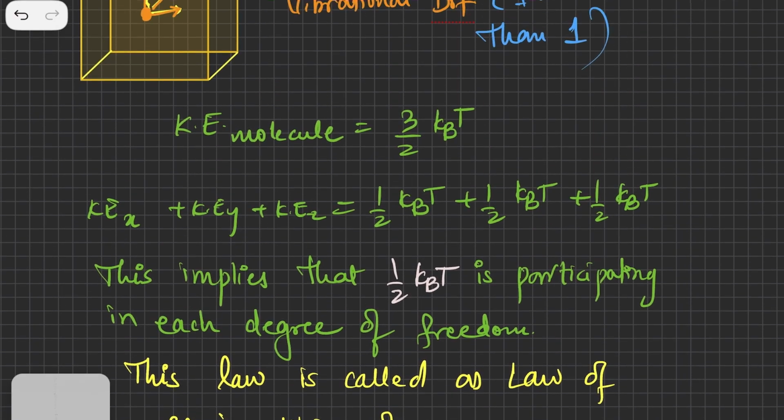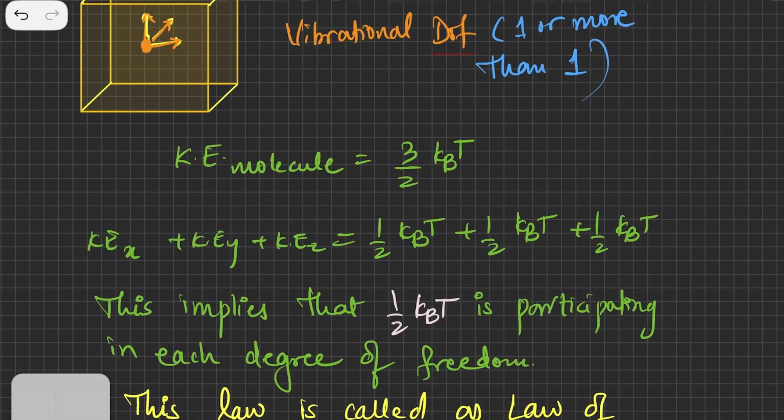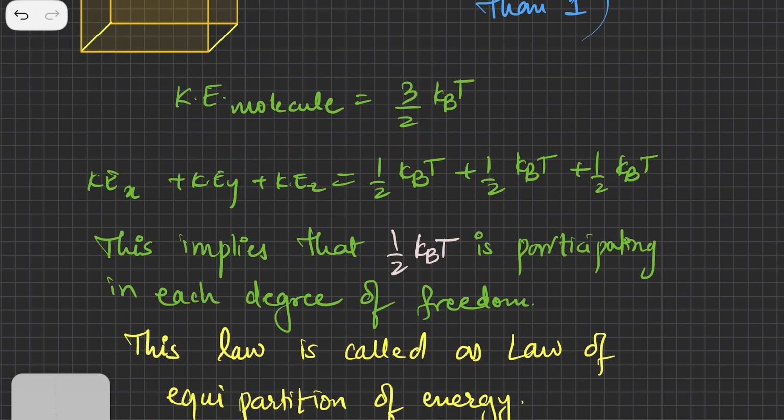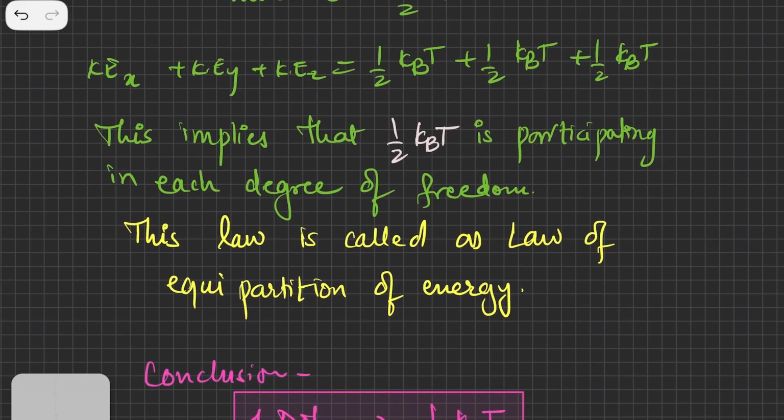Now do not get me wrong, it's not about a single molecule. We are talking about the average of all the molecules. This kinetic energy is basically the average of kinetic energy, and it's not a single value.